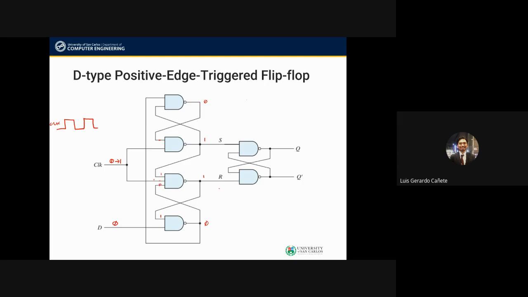So this is going to be 1. But notice that on this side, this is still going to be 1, but this 1 here is going to be 0, 1. Presence of a 0 makes 1.